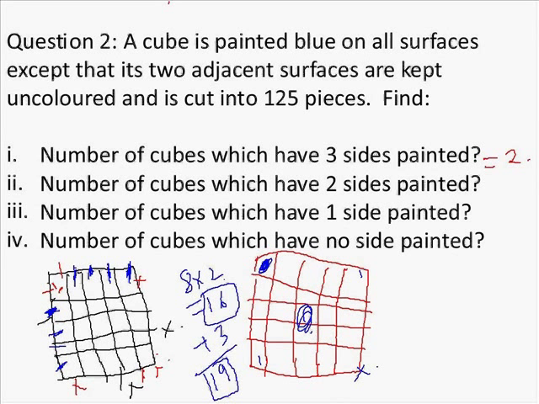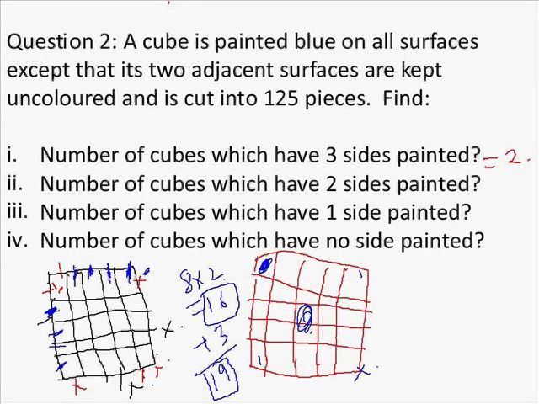So for 3 sides we'll check this corner, yes. This corner cannot be, because this side is not painted, this side is not painted. So only one corner will be painted on all 3 sides. One corner in the first slice, one corner in the last slice of 25. So that will become 2.